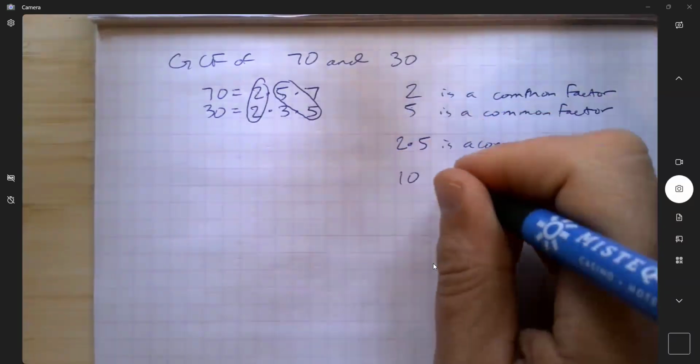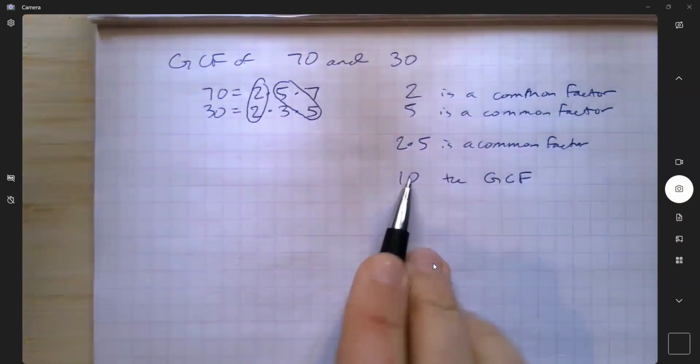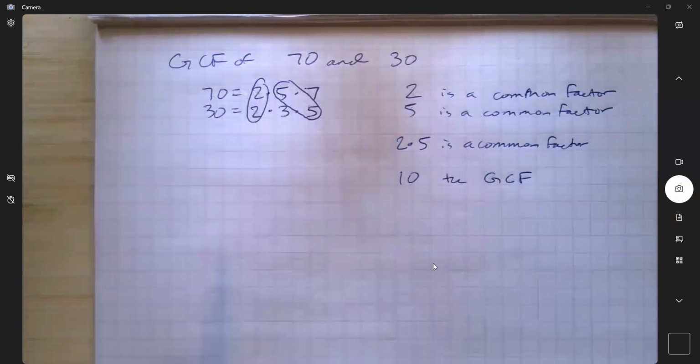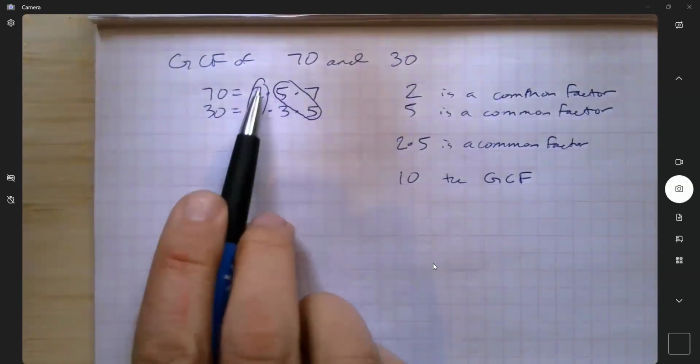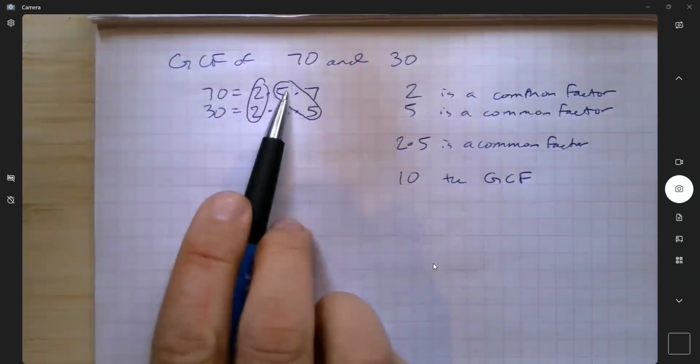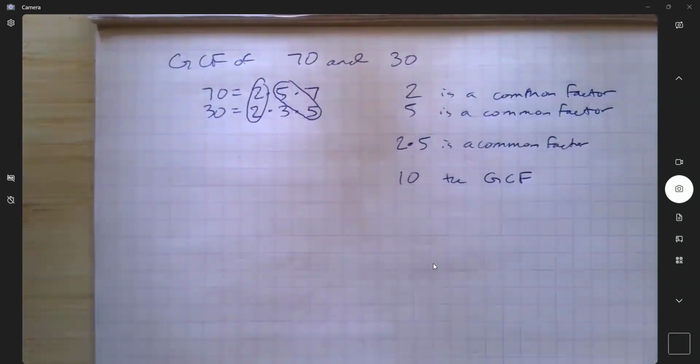So 10 is actually the greatest common factor because it's the largest of the factors of both numbers. So to find the greatest common factor, if you have more than one prime in your list that has a partner, you have to multiply all those primes together.